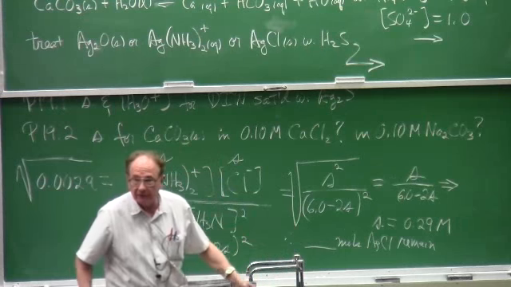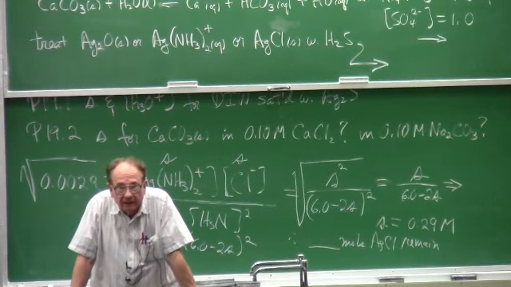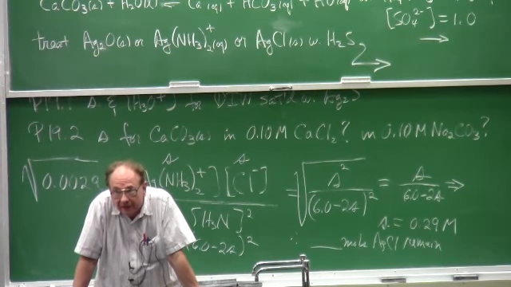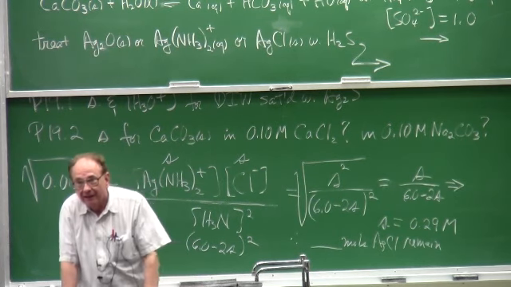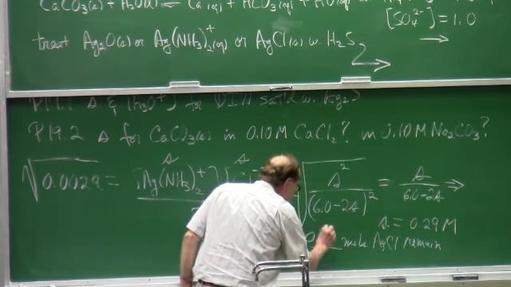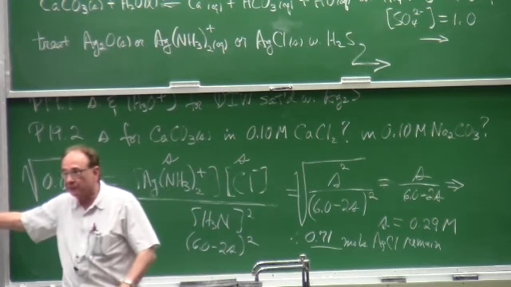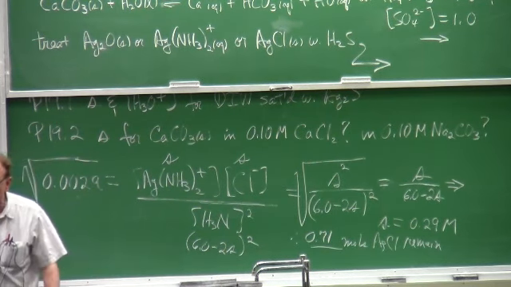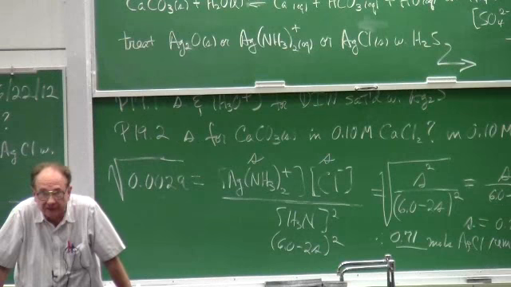How many moles of silver chloride remain? This isn't too difficult. We started with 1.0 moles, 0.29 dissolved. So 0.71 moles is left behind.